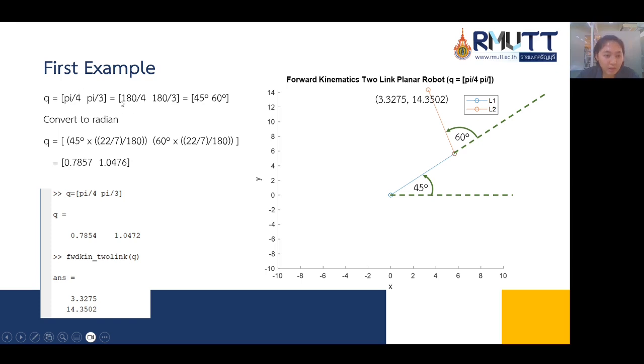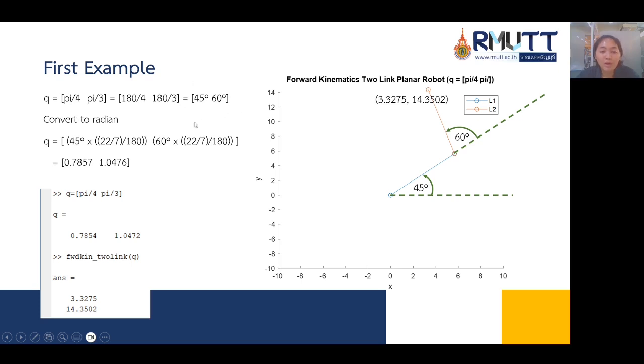So we can calculate the values of pi divided by 4 and pi divided by 3. Pi is equal to 180, so pi divided by 4 is 180 divided by 4, and pi divided by 3 is 180 divided by 3, which is 45 degrees and 60 degrees.